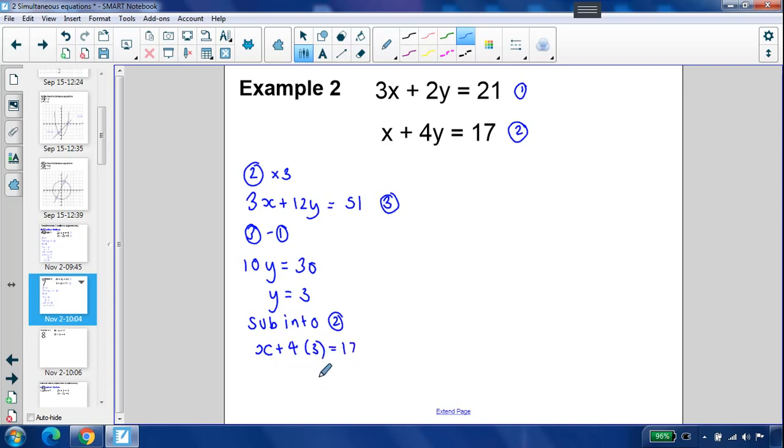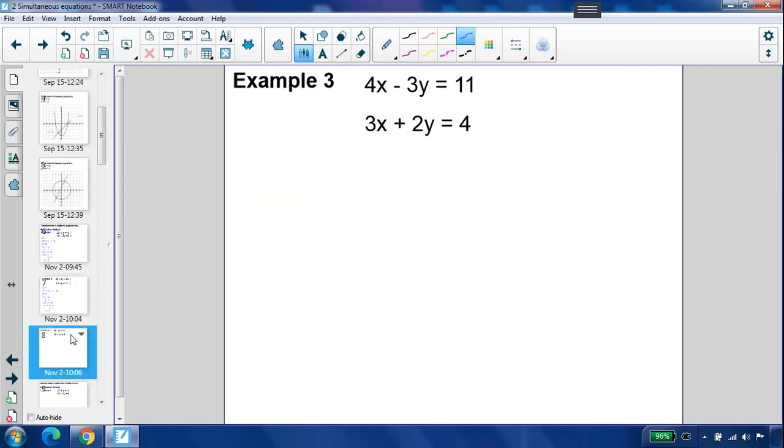Now 4 multiplied by 3 is 12. When I take 12 from both sides, I'm going to be left with 5 on the right hand side. So x is equal to 5. I've got what y is equal to and what x is equal to. If it asks you to write as a coordinate, it will be 5, 3.